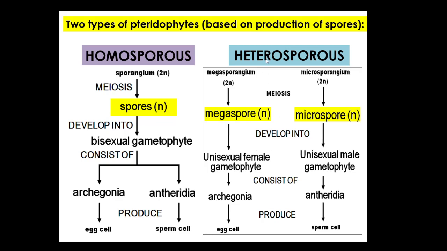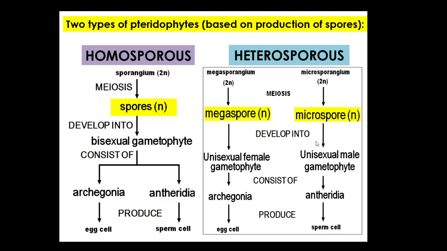Whereas, if that heterosporous pteridophyte has microsporangium, okay, it is a sporophyte with microsporangium, it will produce microspores. Those microspores, when released into the environment, will develop into a unisexual male gametophyte. Gametophyte dia satu seks sahaja, iaitu jantan.